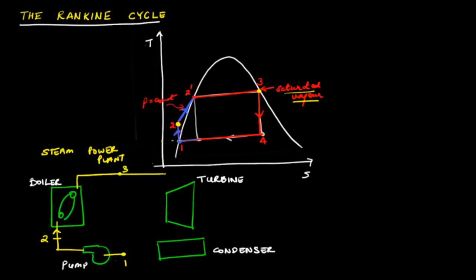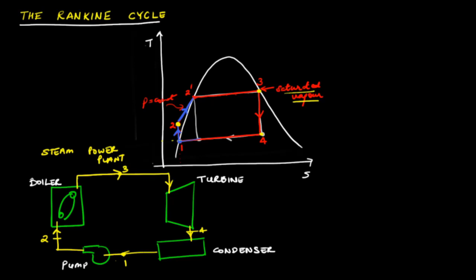This saturated vapor is fed into an adiabatic reversible turbine in the ideal cycle, and it gets expanded to a lower pressure at state 4 through an isentropic expansion process.